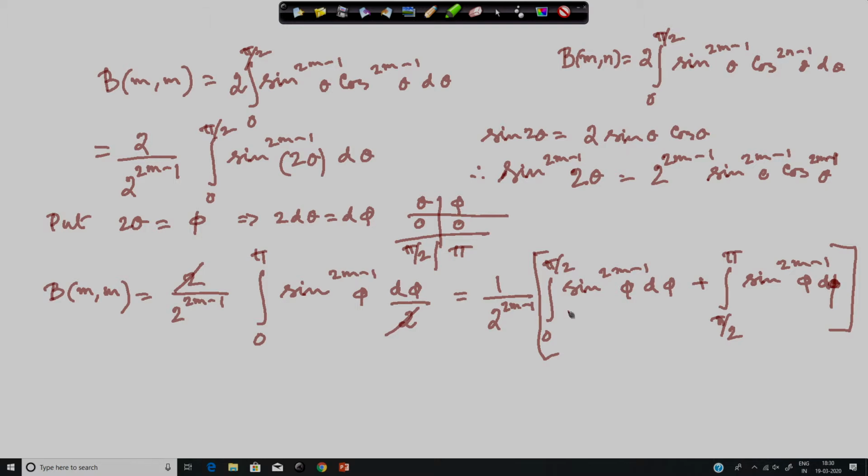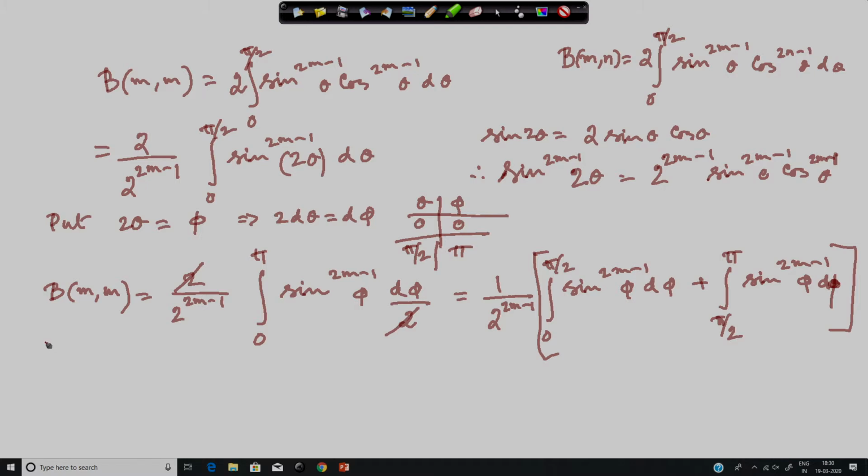In the first integral the limits are from 0 to π/2, but we need to modify the limits in the second integral. It is from π/2 to π, so we need to make it from 0 to π/2. Thus, we have to make a proper substitution.